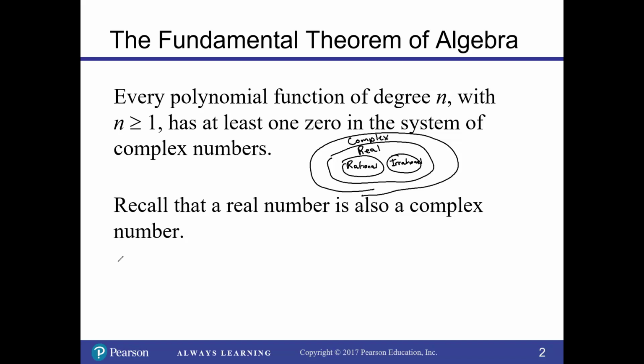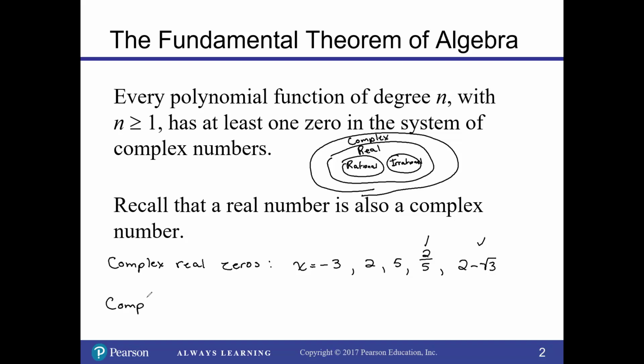The difference is that we have real zeros, which could be x equal to -3, 2, or 5, or it could be 2/5. All of those work because they're rational. We could also have something like 2 minus the square root of 3. This is irrational, but they're all real numbers, and they're all complex.